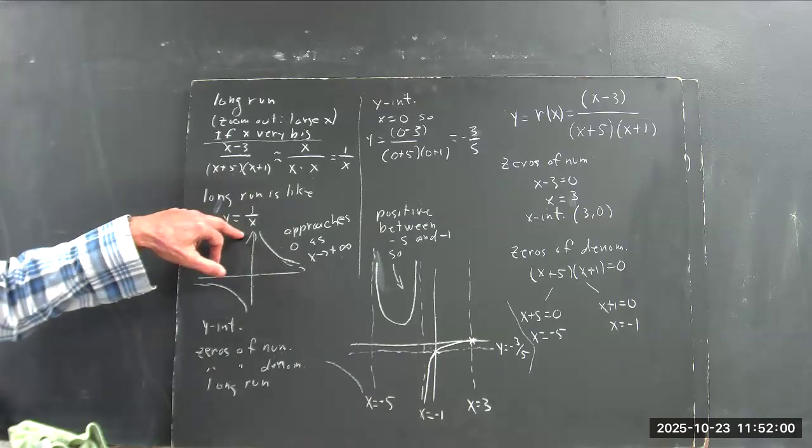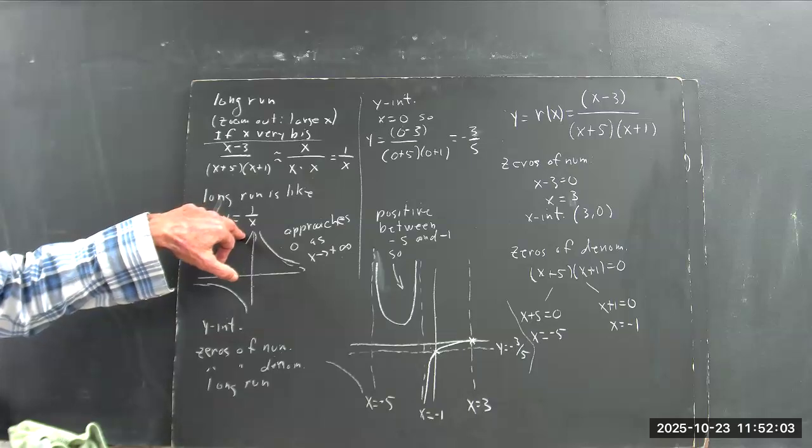You divide 1 by a big number, you get a really small number. Okay?